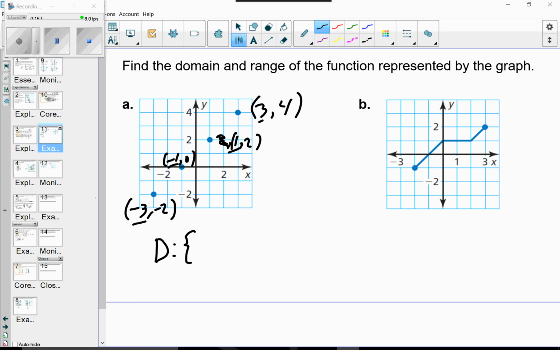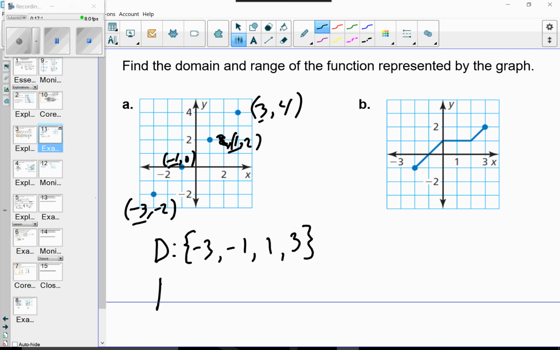So we're going to put these numbers inside of what are called braces, not brackets, but braces. So we always go least to greatest. So my smallest domain value is negative 3. My next biggest domain value is negative 1. My next biggest domain value is 1. And my largest domain value is 3. So we're going to say that that is our domain, negative 3, negative 1, 1, and 3.